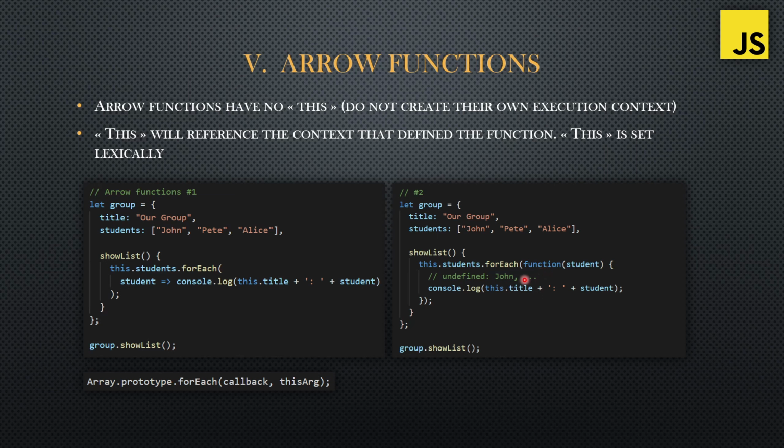And this will be equal to window. And since the window object does not possess the variable title, you will get undefined John, undefined Pete, and undefined Alice. So the best way to solve this here is to use an arrow function.